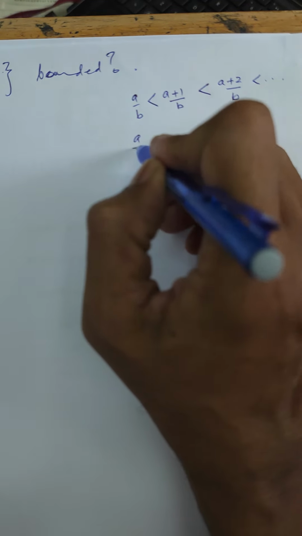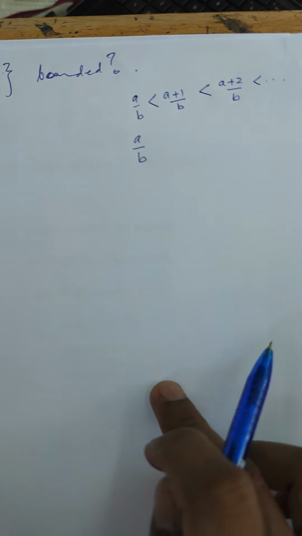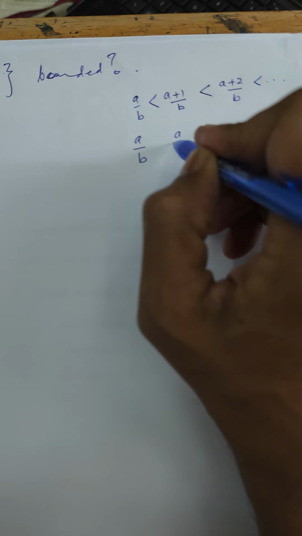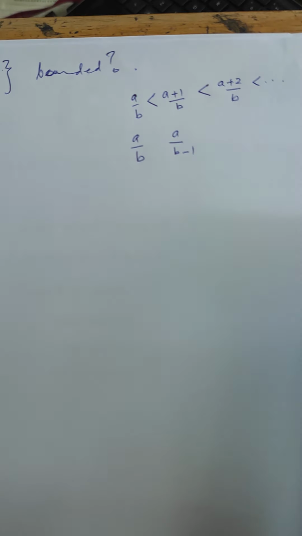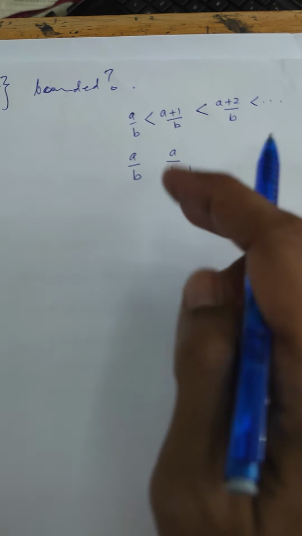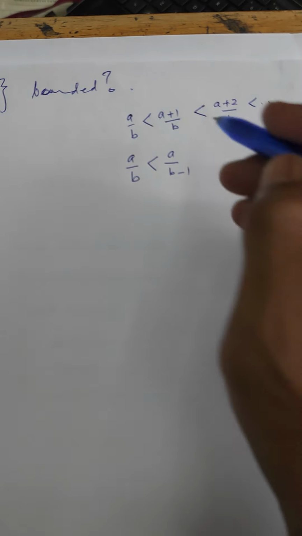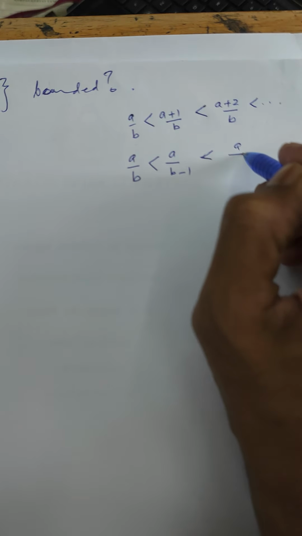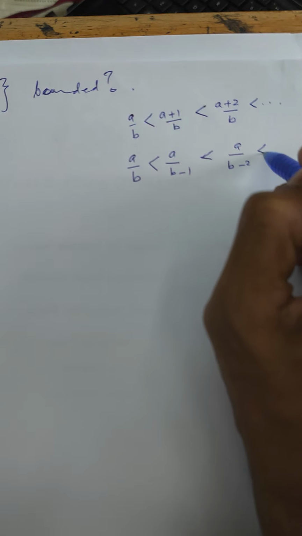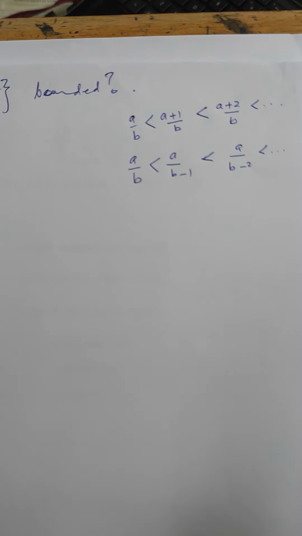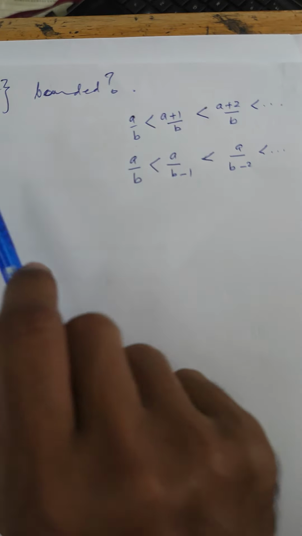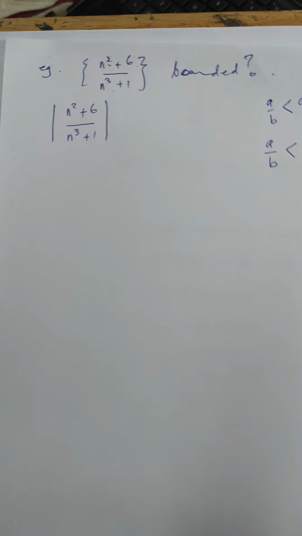So for example, if I have a over b, and I put a over b minus 1, then definitely the right hand side is bigger than the left hand side. Then you can keep doing this, b minus 2, and so on. So again, the right hand side is always bigger than the left hand side. We use this idea for this problem here.